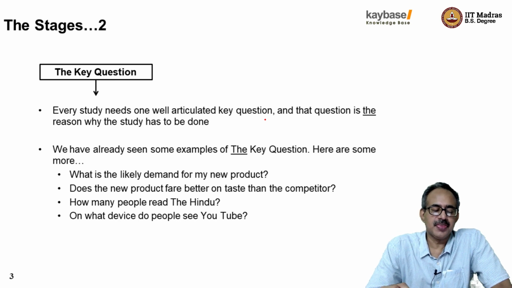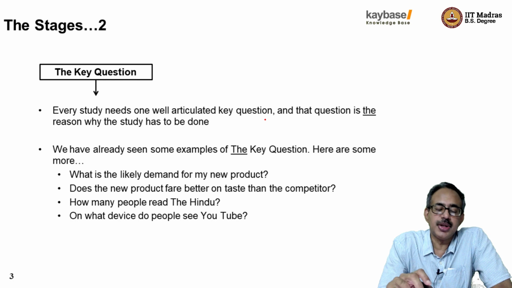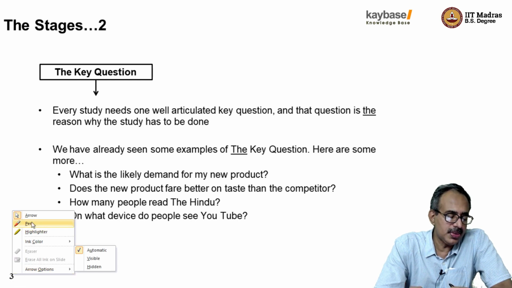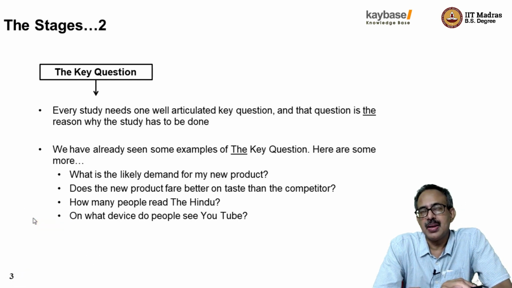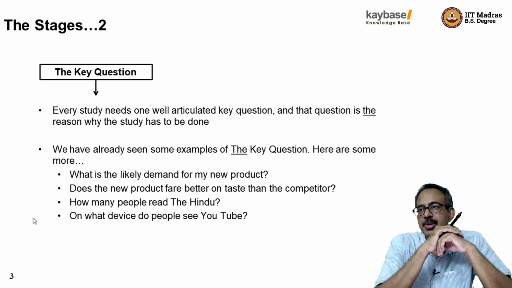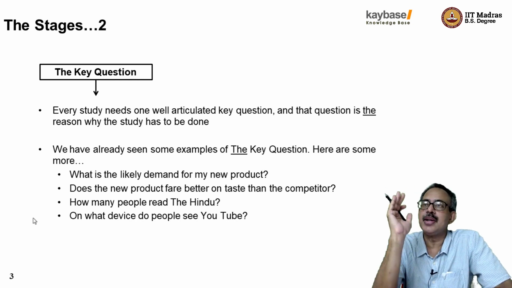So the key question, every study needs one well-articulated key question, right? And you'll be surprised how often people don't seem to internalize this thing. You don't start a study with a hazy idea of what you want to find out. You have to be very clear saying, this is what I want to mainly find out from the study.